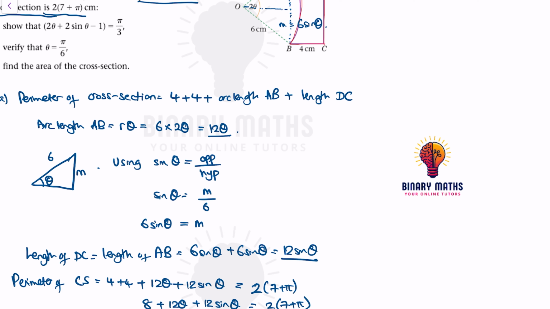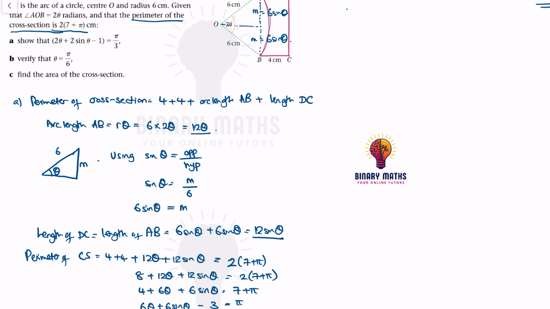Let's divide through by 2, so I get 4 plus 6 theta plus 6 sine theta is equal to 7 plus pi. If I take the 7 over to the left hand side, I get 6 theta plus 6 sine theta minus 3 is equal to pi. If I divide through by 3, I get 2 theta plus 2 sine theta minus 1 is equal to pi over 3, which is what I wanted.